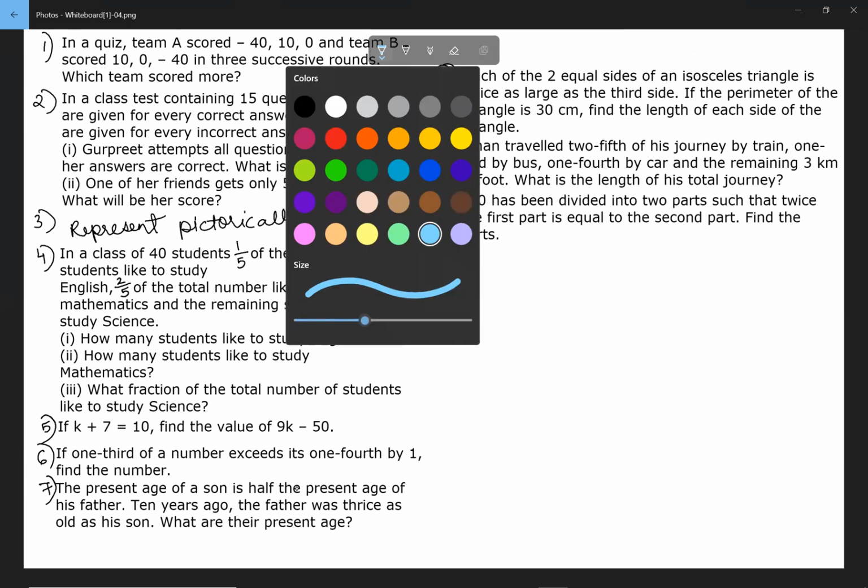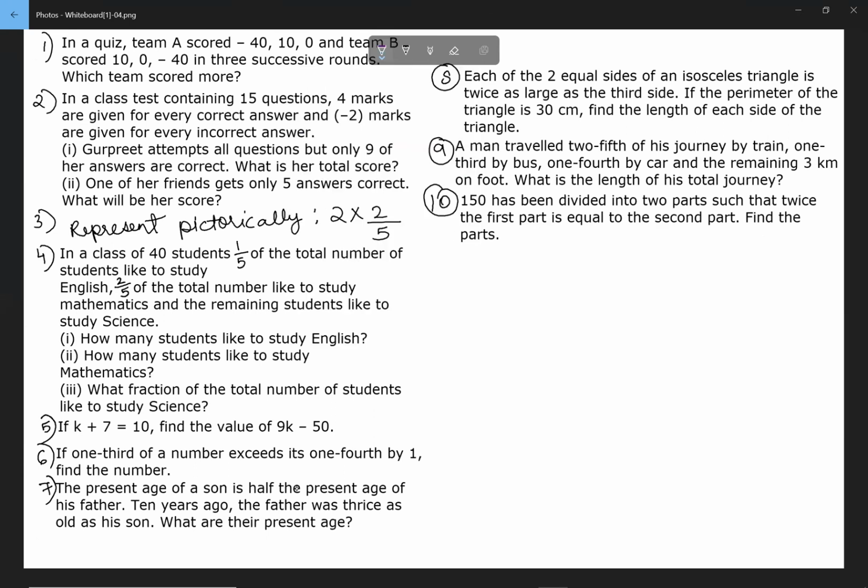You can see the screen, right? Okay. So it says 150 has been divided into two parts.